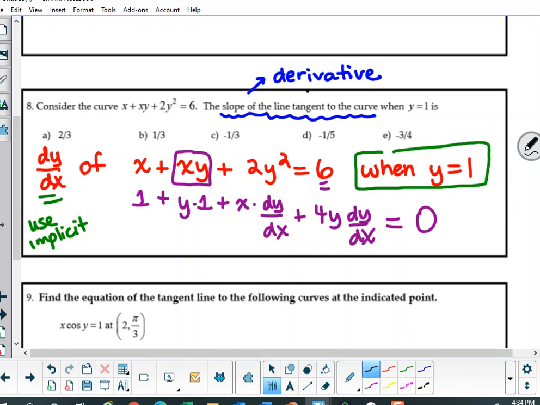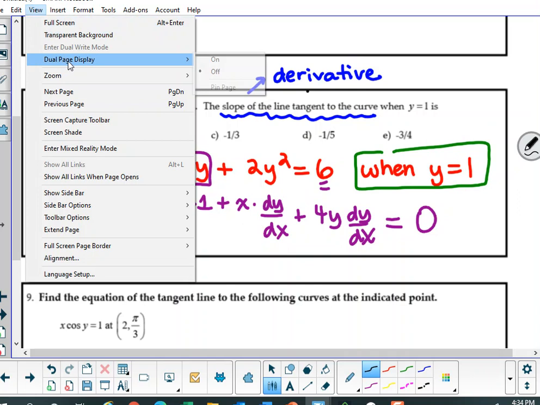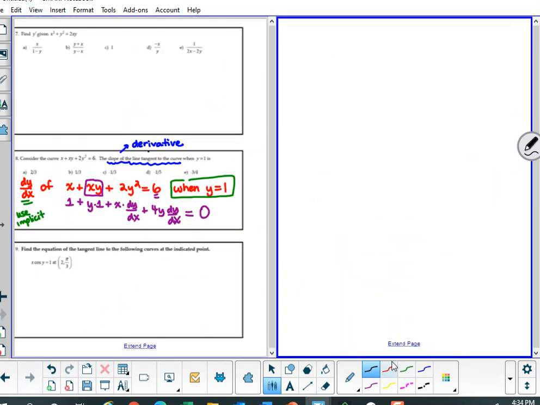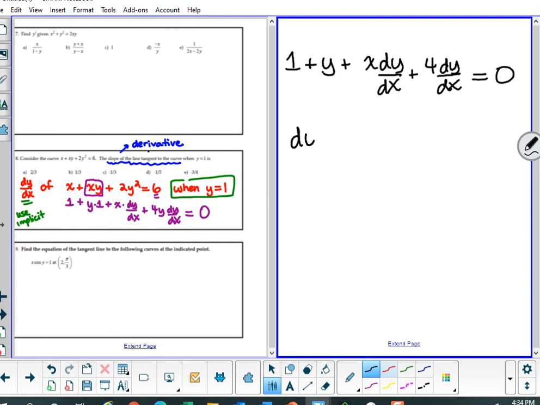I'm gonna go to a dual screen here so we can look. So where I have 1 plus y plus x dy dx plus 4y dy dx equals 0. That means I'm going to have dy dx equals -1 minus y divided by, did I forget something?